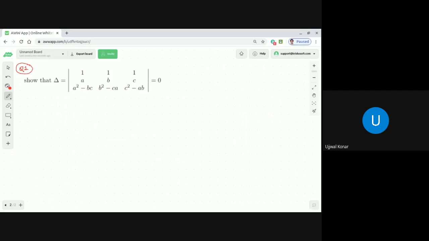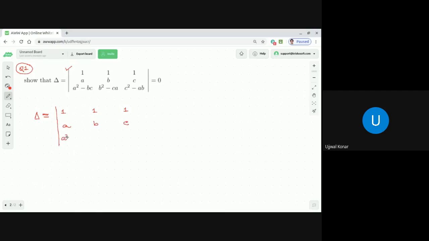Or the other way the question can be given, that find the value of this determinant, whatever you see as delta. So how to find it? So what is delta, dear students? Delta is equal to, I just want to do it slowly so that you can make use of the properties very efficiently, 1, 1, 1. It is a, b, c.